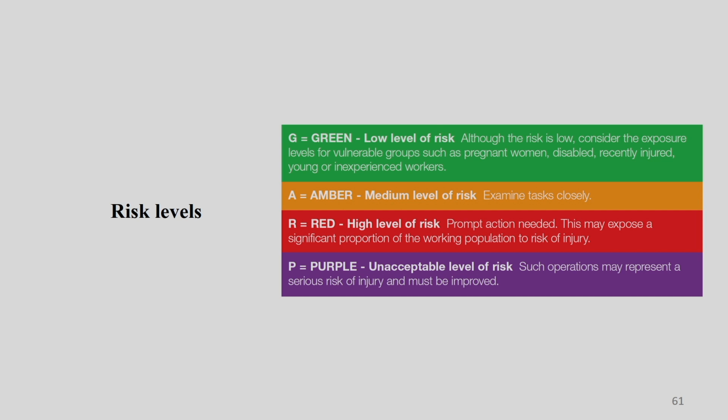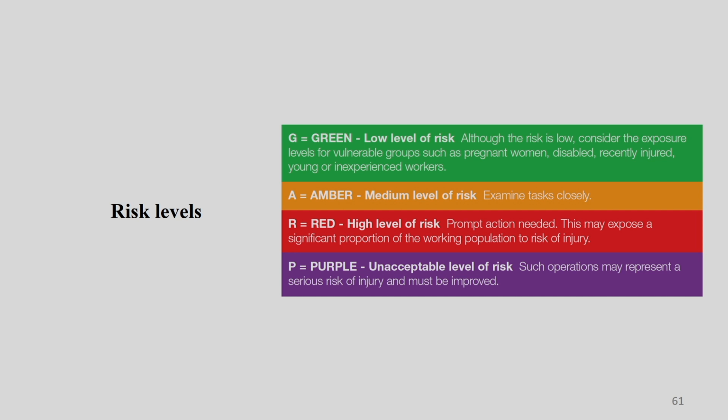The last one is purple, which is an unacceptable level of risk. Unacceptable level of risk means if you find any such risk in the workplace, you should immediately stop that action. Such an operation may represent a serious risk of injury and needs to be improved immediately.